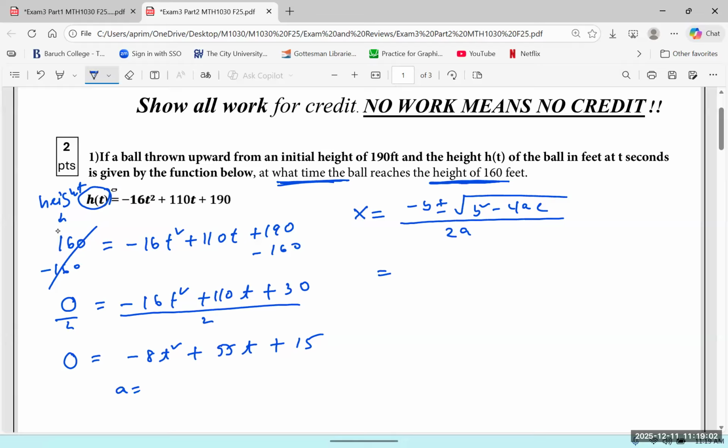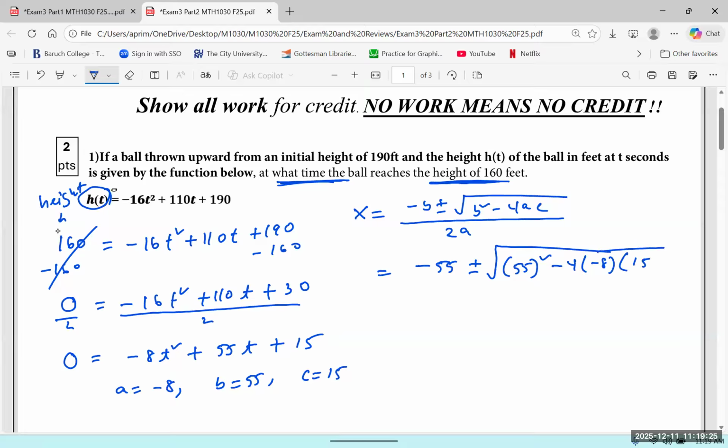So what is our a here? Negative 8. What is our b here? 55. And our c? 15. So we get negative 55 plus or minus the square root of 55 squared minus 4 times negative 8 times 15, whole thing divided by 2 times negative 8.